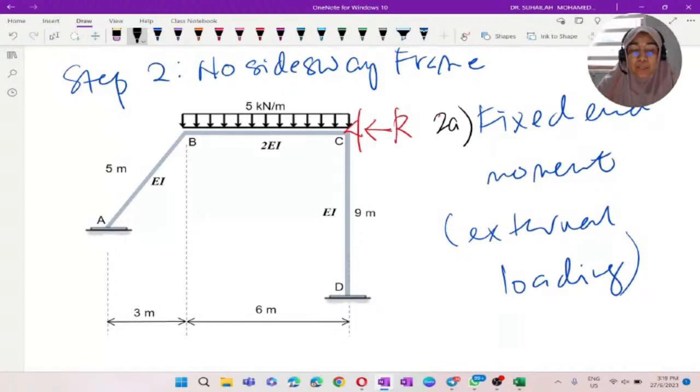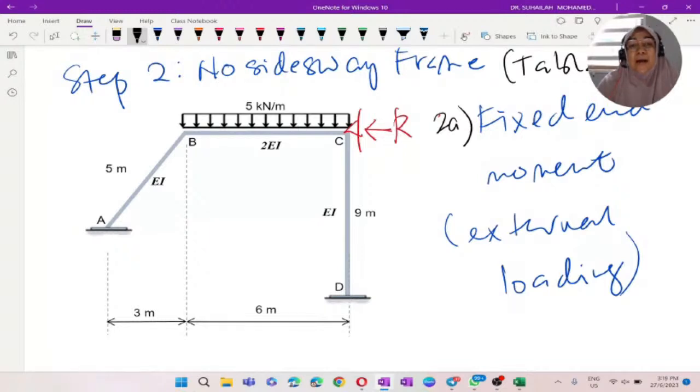Step number 2 is actually for table number 1. In table number 1, we analyze the no side sway frame. Why do we have to change from the original condition? The original has external loading and delta.